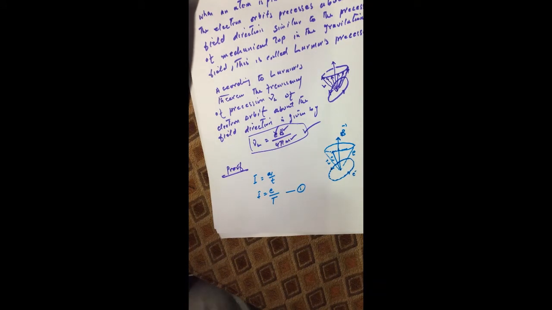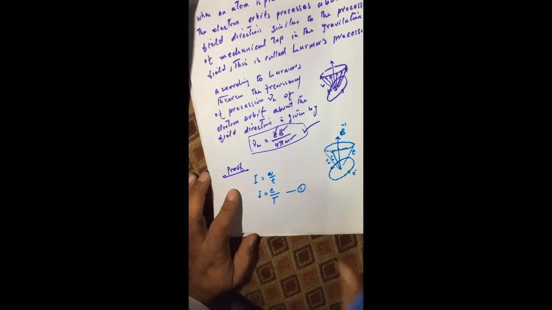Now the time period can be defined from the formula. We know the velocity is equal to distance covered per unit time, so time is equal to distance per unit velocity.